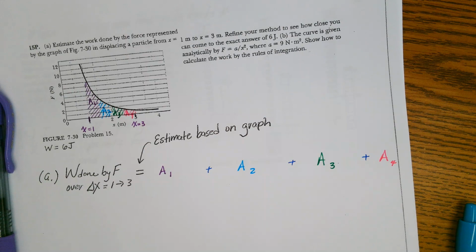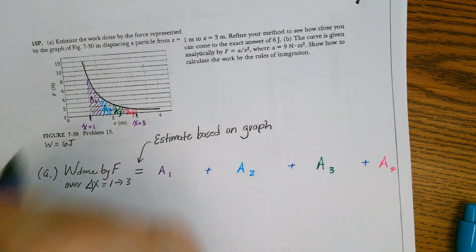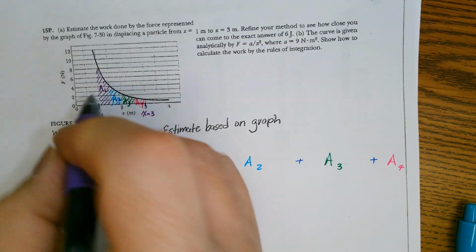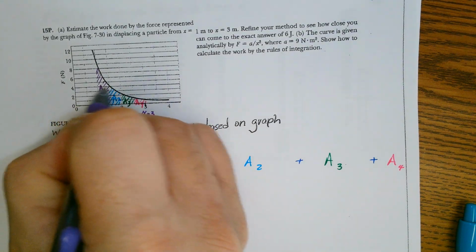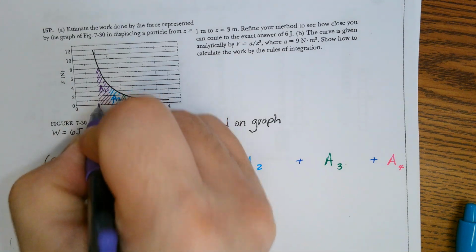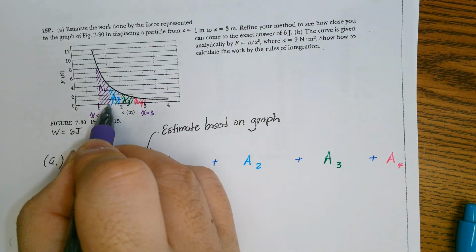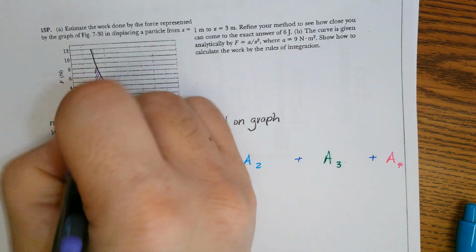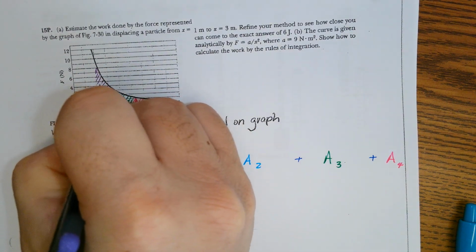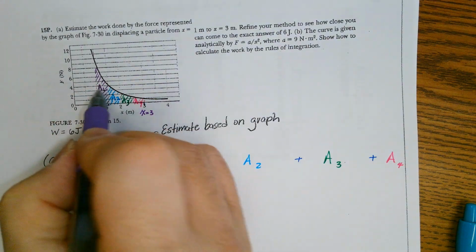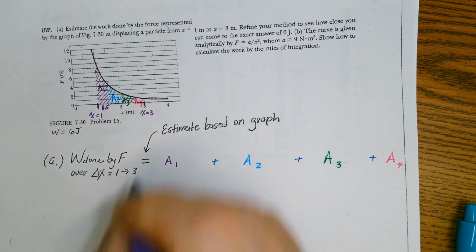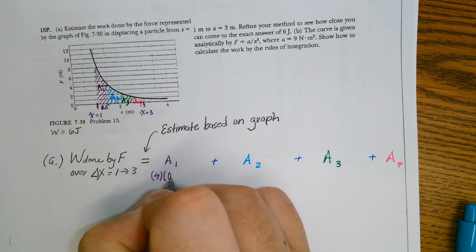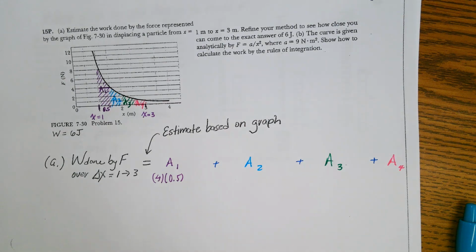So to calculate area 1, it seems like I'm going to split this up into 2 parts right here. So here, this looks like 4, and right here is 0.5 because this is 1, and half of that is 0.5. So here, 0.5, and here's 4. So I have 4 times 0.5, right?